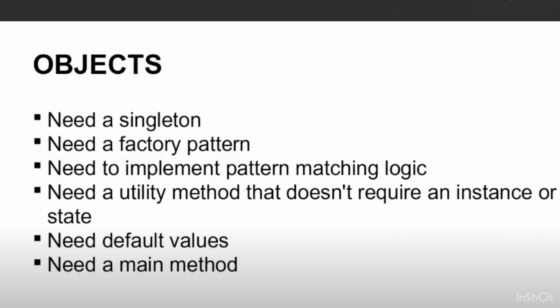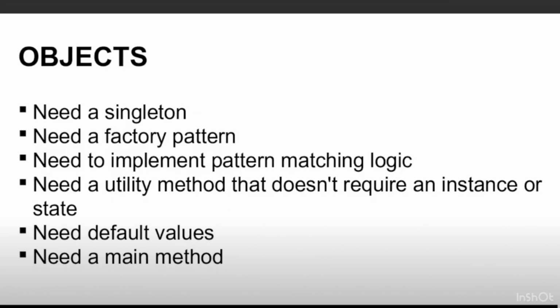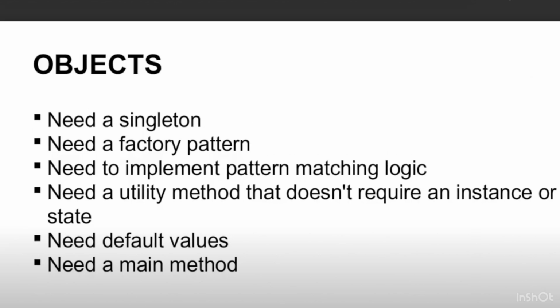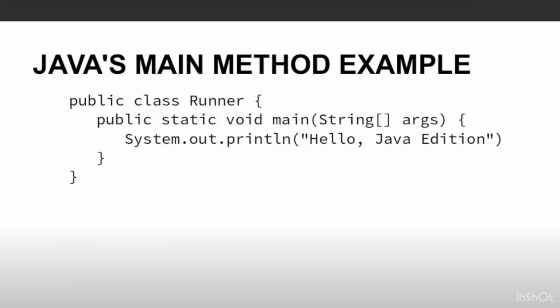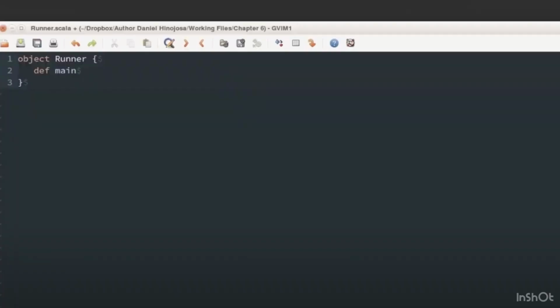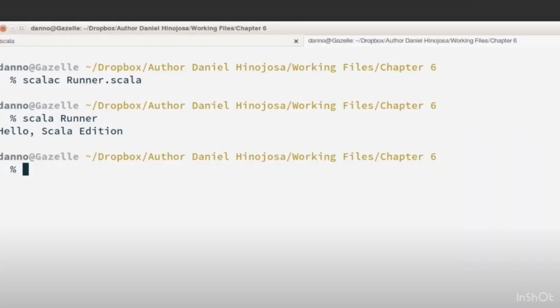So we were talking about objects being singletons. They need factory pattern logic, which we are going to see later. Apart from that, if you look at the Java main method, it is the first method that gets called. In a similar way, in objects we can create an object and define the main method with the argument, and it will run that.